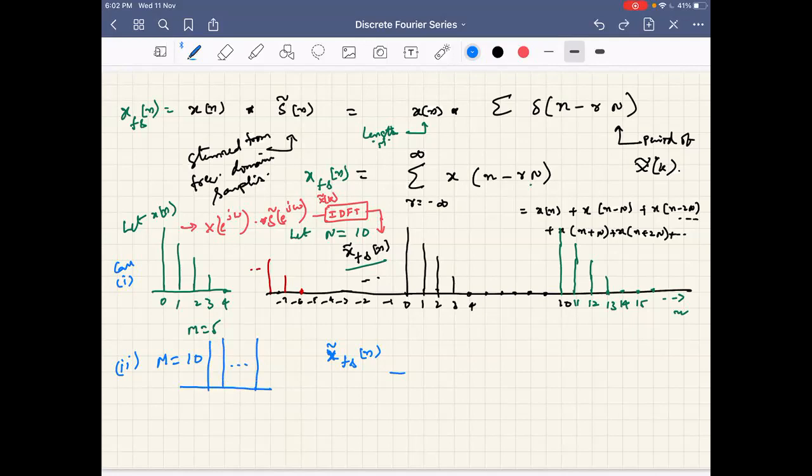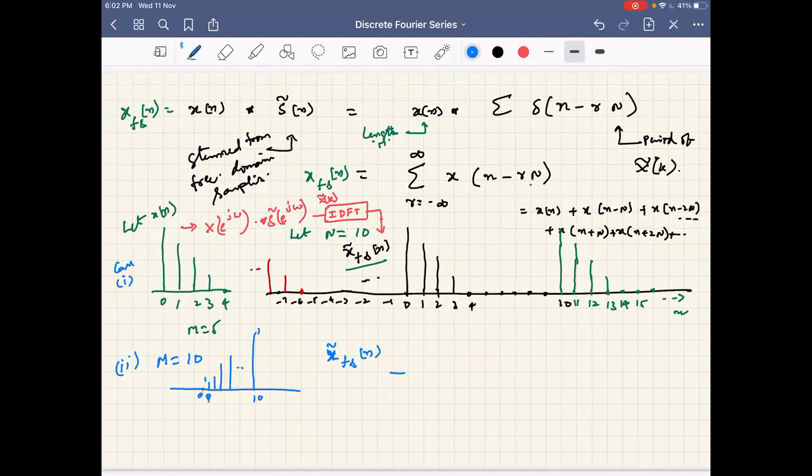So to have a better visualization, let it be something like this. Let us not go to the minute details. 0 to 10, let it be here.